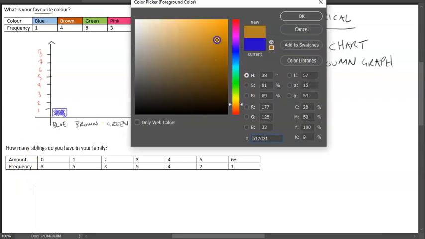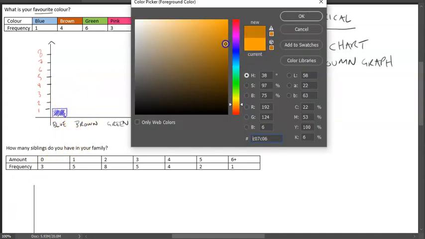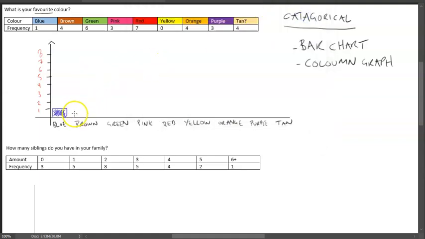Now this is one of the important characteristics for a bar chart, and more specifically for categorical data. When we're dealing with categorical data and we put this in a bar chart, when we do the next color of brown, you will notice that I'll go up to 4, and I'll color it in.